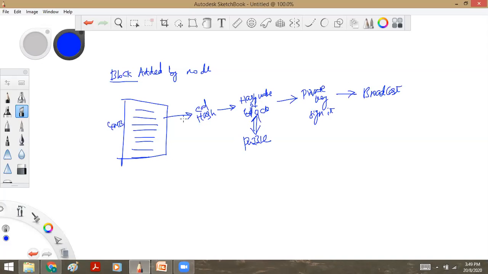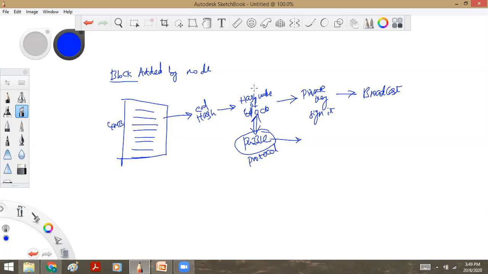First thing you need to understand: the puzzle is given by the protocol. What is this puzzle?